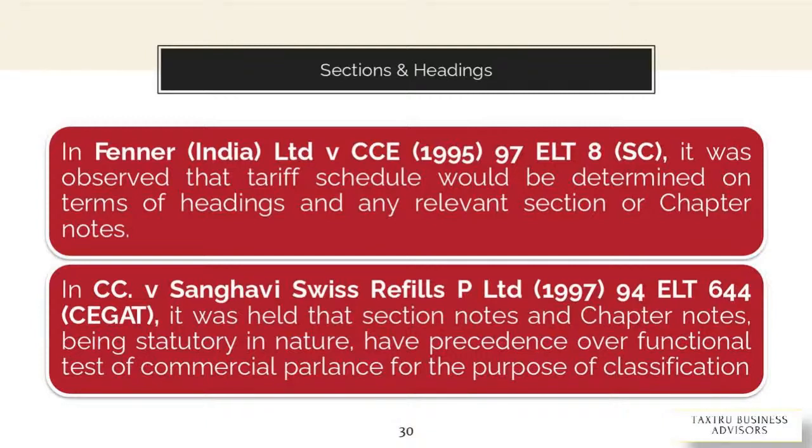Now there is another judgment as well. It was held that section notes and chapter notes, being statutory in nature, have precedence over the functional test of commercial parlance for the purpose of classification. Sometimes when we classify products and have difficulty finding which category it should fall under, we do the functional test, how the product or service functions, and on that basis we come to a conclusion on classification.